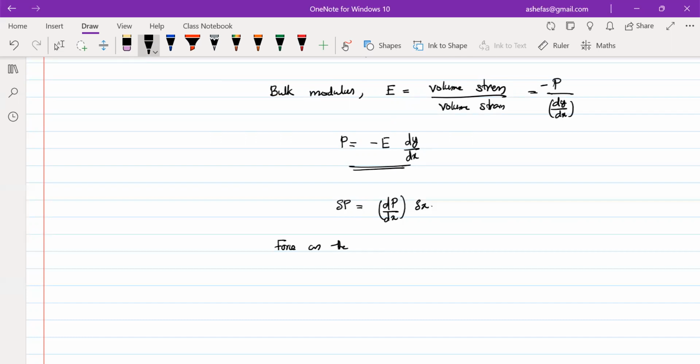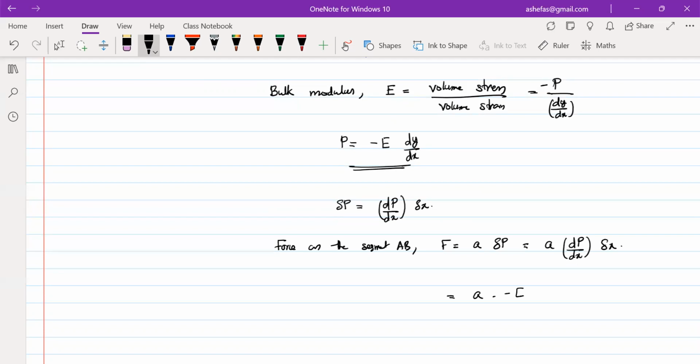Force on the segment AB. So the force is equal to area times the change in pressure. That would be equal to A times dP by dx times delta x, which is equal to A times what would be dP by dx.